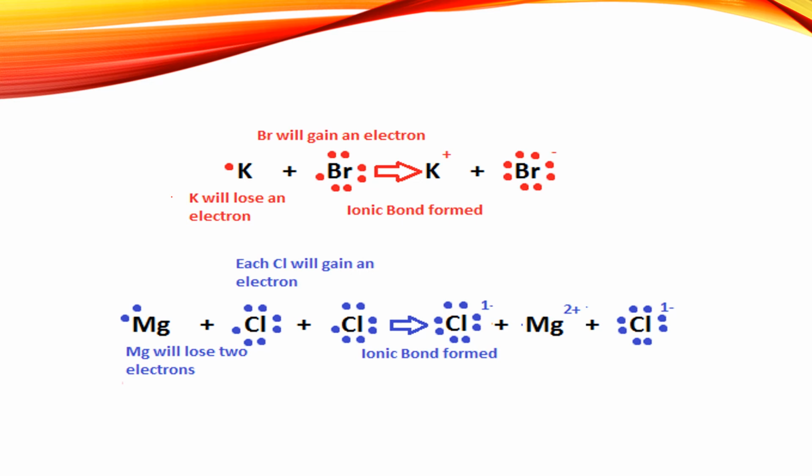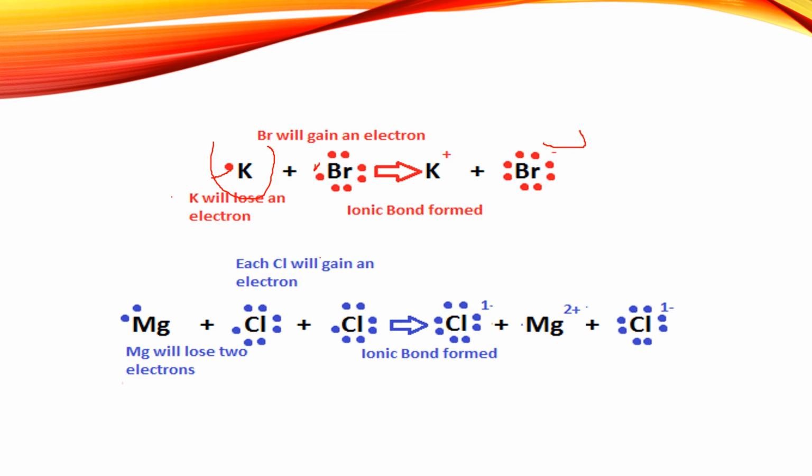So this electron transfers to here. So K has a positive charge because it loses an electron, and Br gains the electron, so it has a negative charge. An ionic bond is formed and the ions become K plus and Br minus.